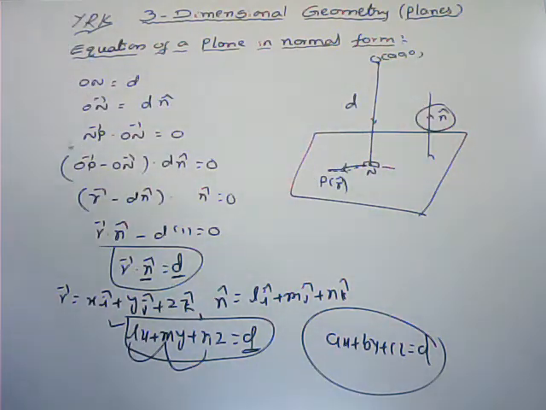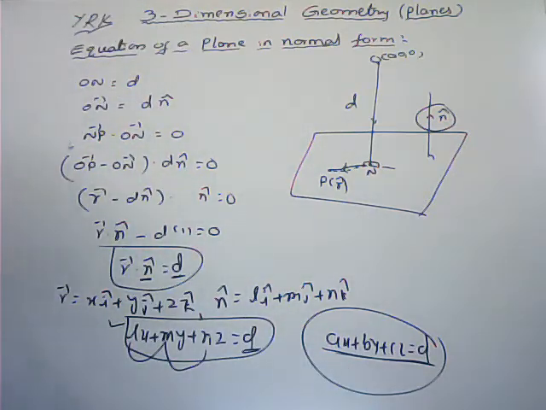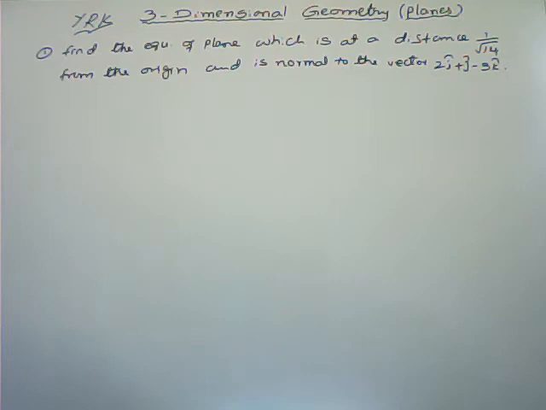So for the equation of any plane, you can consider the equation ax plus by plus cz equals d. Here the x, y, z coefficients we always say are the normal DRs of that plane. Now the question: find the equation of the plane which is at a distance 1 by root 14 from the origin.